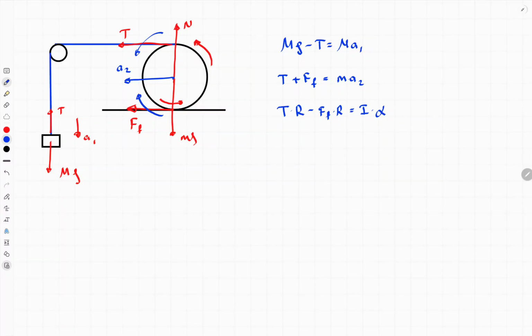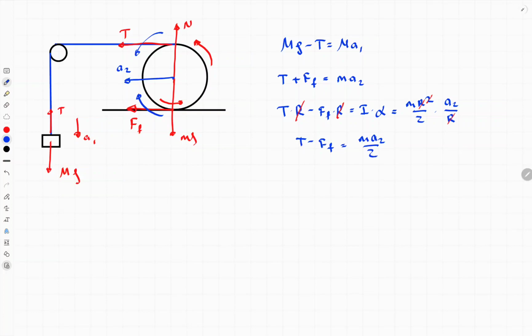The angular acceleration equals A2 over R. The moment of inertia of the cylinder, this is a solid cylinder, is m r square over 2. This moment of inertia times the angular acceleration, which is acceleration A2 divided by radius. We can cancel the radiuses. Basically, tension minus friction force equals mass times A2 over 2.